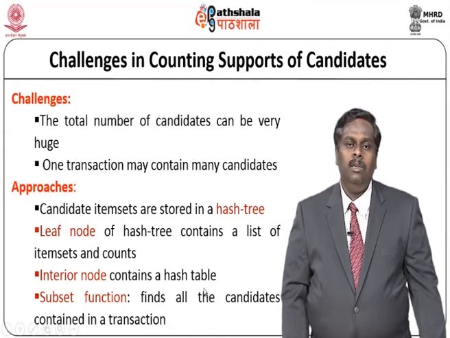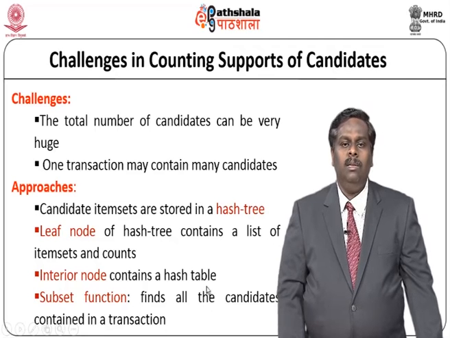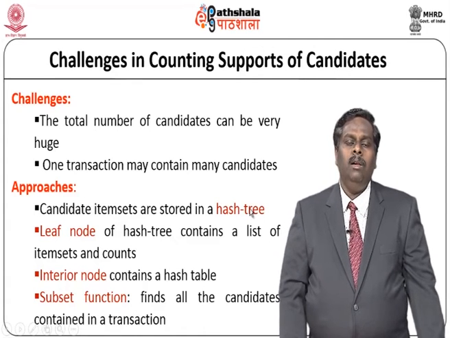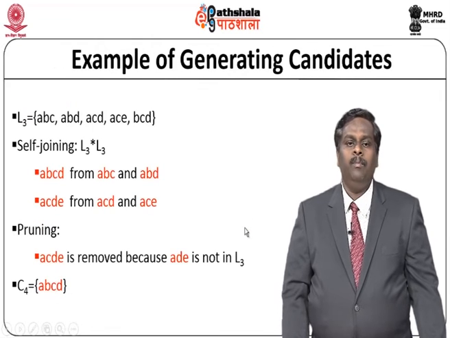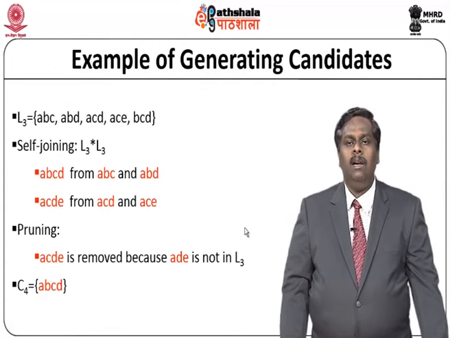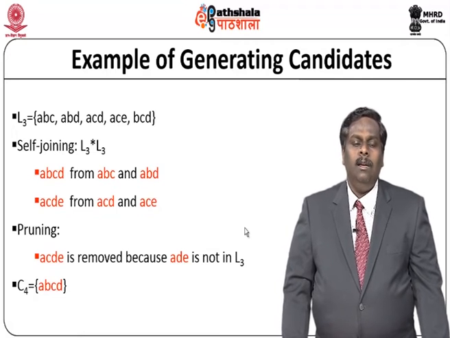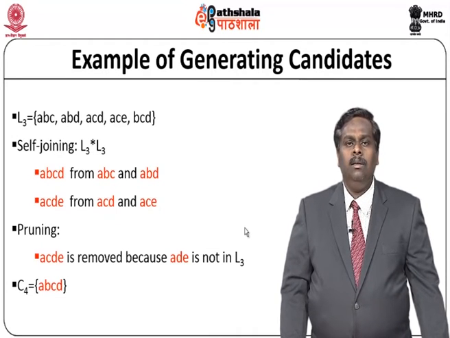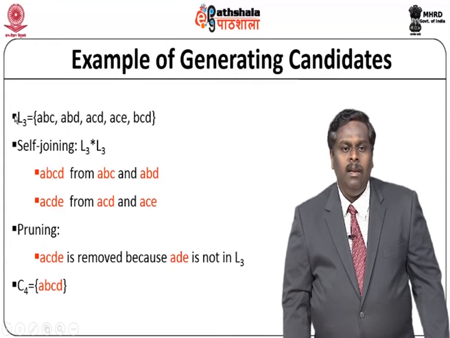So, your approach must have a methodology for generating this hash tree and also for retrieving information from the hash tree. Let us consider an example of generating candidates. As already mentioned, the Apriori principle will not consider the subsets of items which are not frequent. Let us take a candidate set L3.